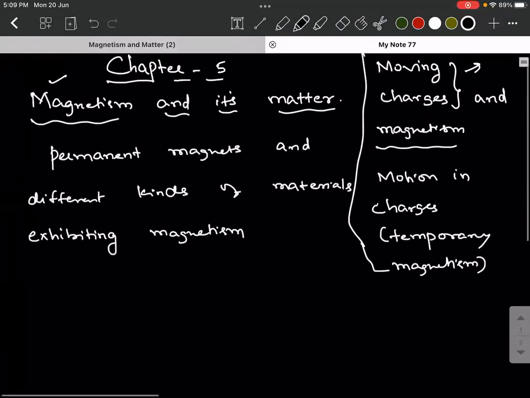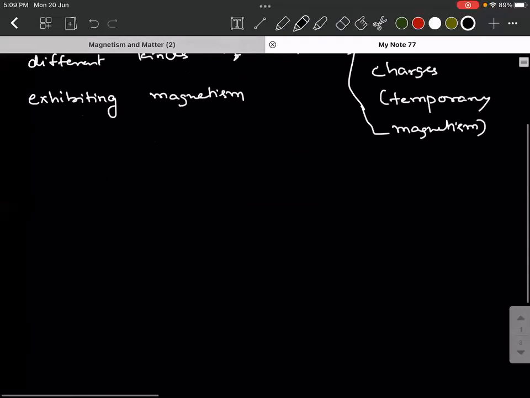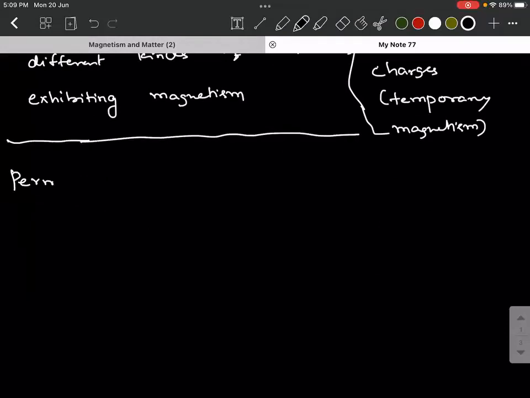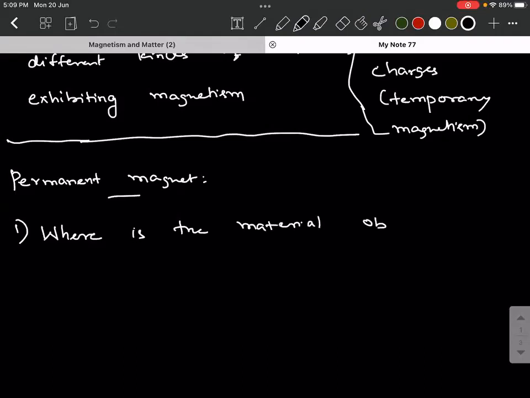Right. Now, the next question is, when you talk about a permanent magnet, the first question that we'll ask is, where is the material obtaining magnetism from?